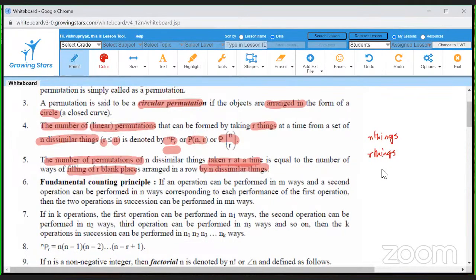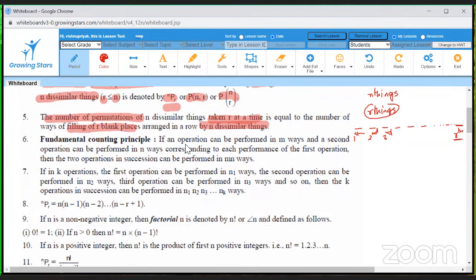That means you have r places, r blanks: first space, second space, third space, like that, up to the rth space, the rth blank. In how many ways can you take and in how many ways can you arrange? That is only the number of permutations. So how to find the number of permutations?